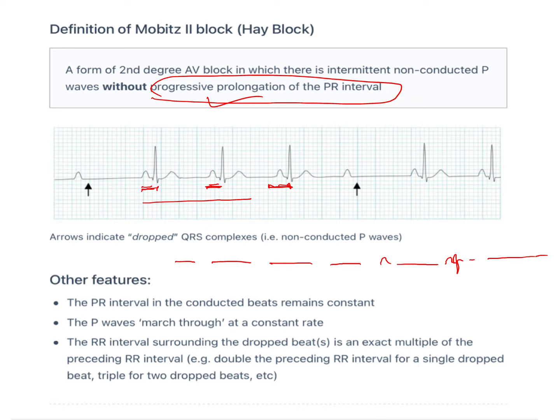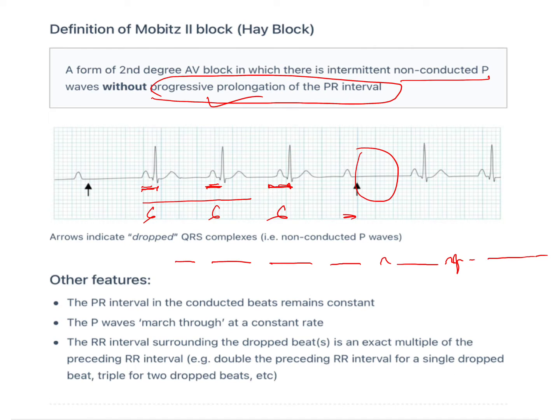It will remain constant. If it is 6 small boxes here, it will be 6 small boxes everywhere. And we will get intermittent non-conducted P waves, meaning there is only a P wave and the QRS complex is absent.